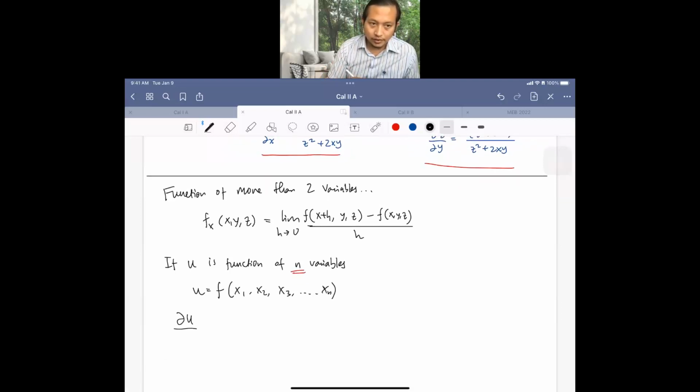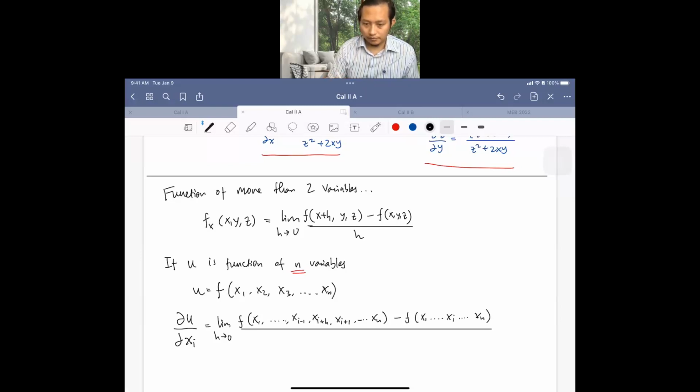Then the partial derivative with respect to xi, where i depends on the integer, will depend on f of x1, up to xi minus 1, xi plus h, then xi plus 1, up to xn.